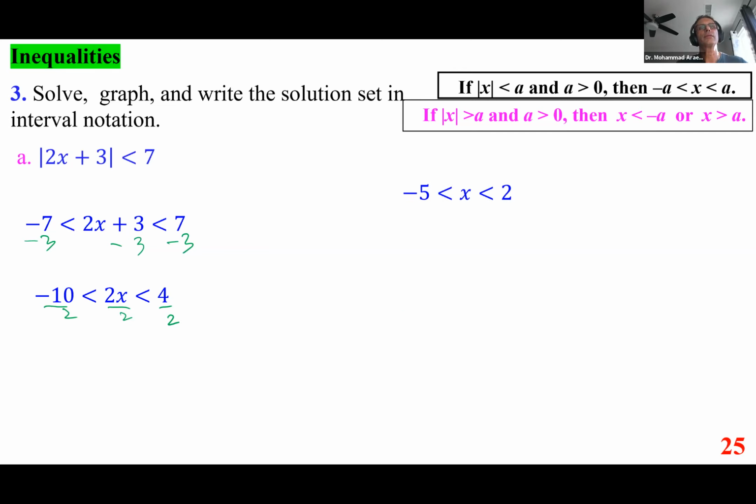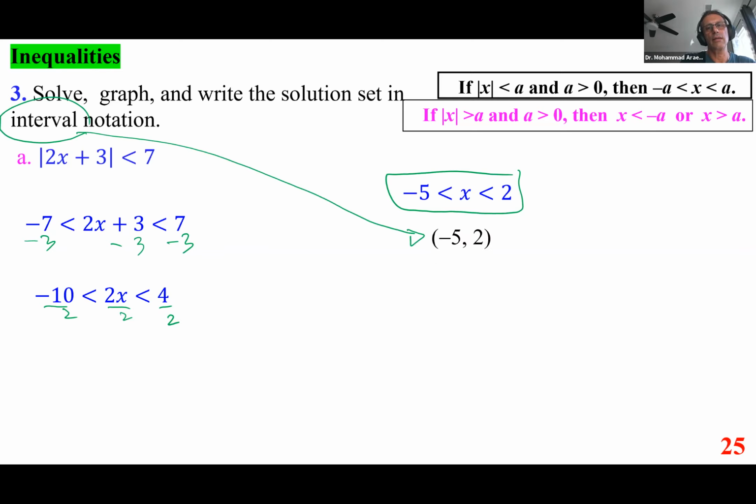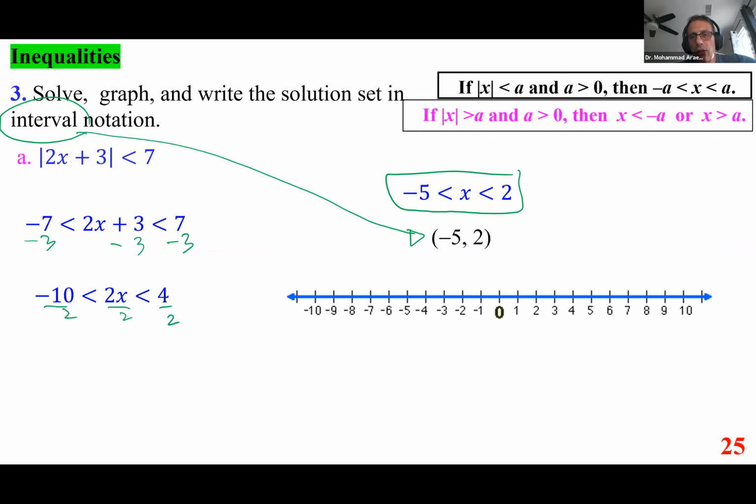This is the answer. This is the inequality format. Here's the interval format. We are using parentheses because the endpoints are not included. And on a number line, we are going to check mark the -5 and +2.